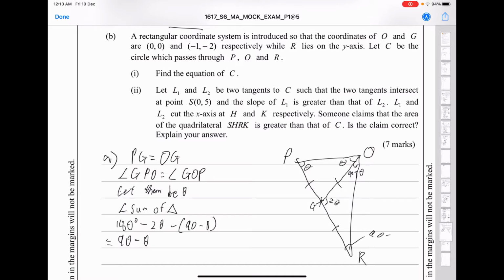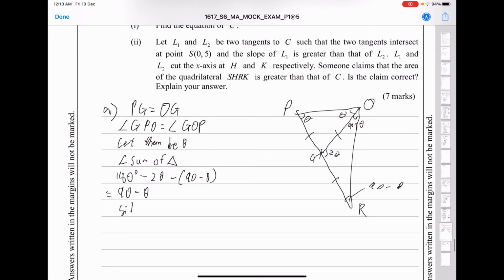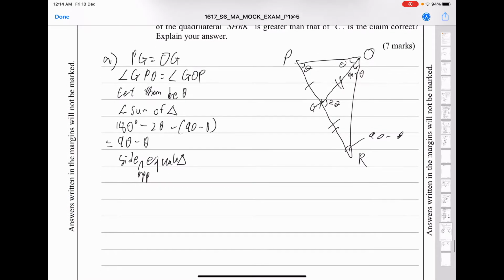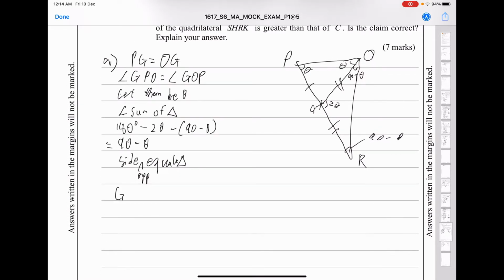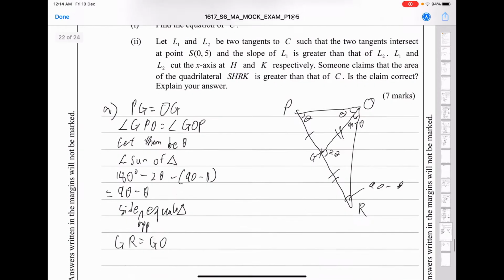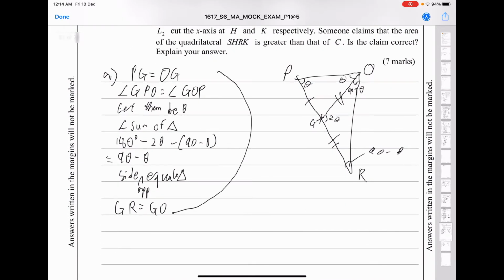So this is 90 minus theta as well. So by sides opposite equal angles, these two will be the same. So we know that GR equals GO. And as GO equals PG, GR will equal GP.